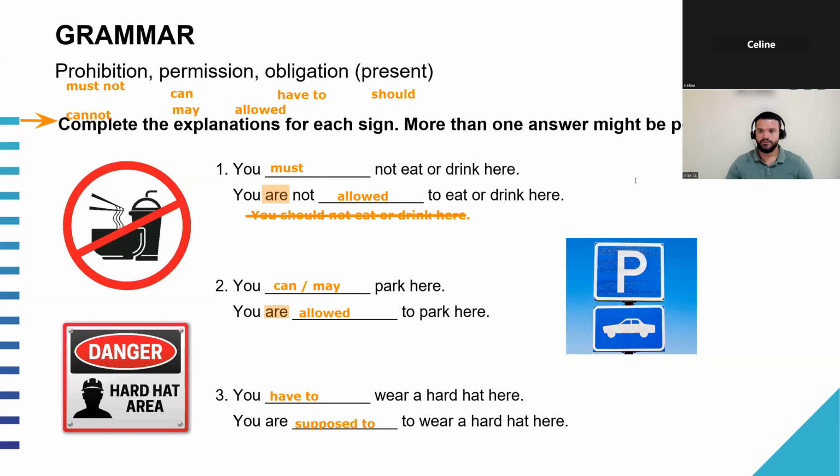Absolutely. So when we have the verb to be, is, are, maybe we can use allowed and supposed to. Those can be our two options when it comes to the verb to be, okay?